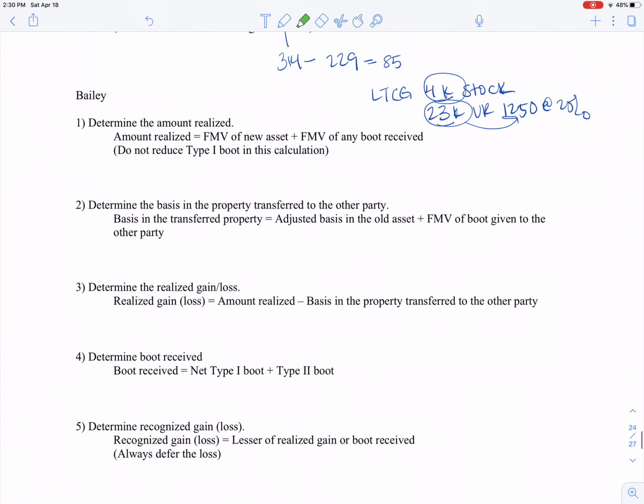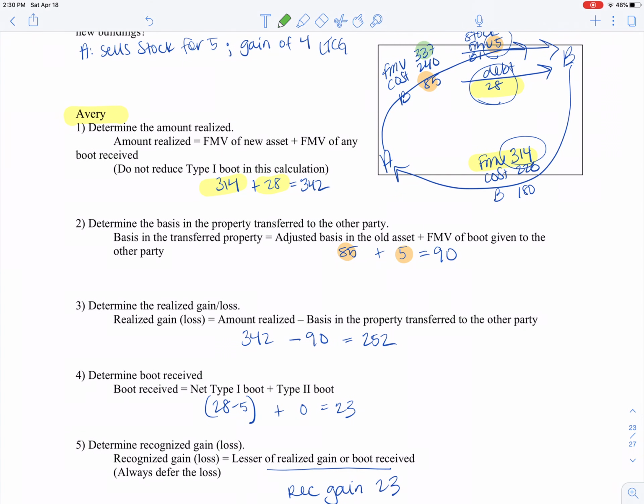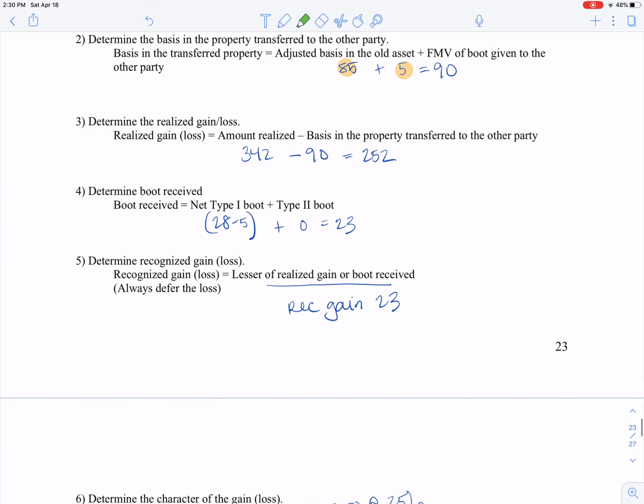So we have 337 fair market value of the new asset plus any boot received, which is the 5 in the stock. So 342 is what Bailey is getting, her amount realized. The basis in the property she's transferring is her adjusted basis in the old asset. So if we come up here, her adjusted basis in the old asset is 180.